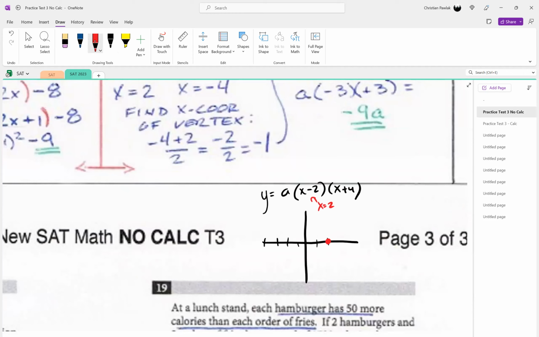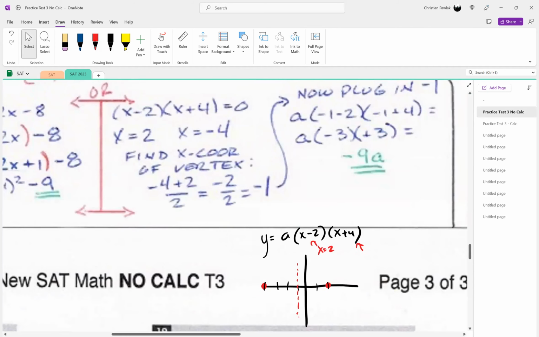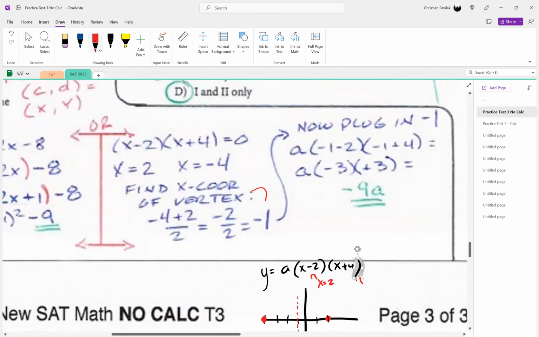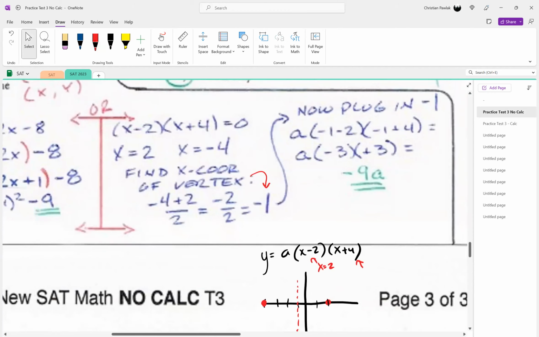Now, what other value will make the whole thing equal 0? What value can I plug into x plus 4 that would give me 0? That would be negative 4. Which tells me that the middle of this graph is right here at negative 1. And that's what this is saying. The x-coordinate of the vertex, the middle, is negative 1.